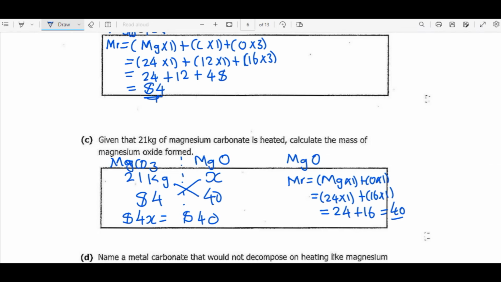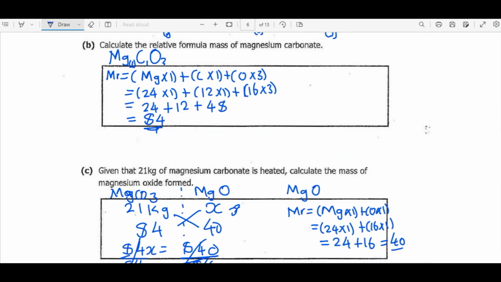So 21 times 40 is 840, divided by 84. Then let's write it here: X is equal to, I'm getting 10 kilograms of magnesium oxide, and it's making sense.